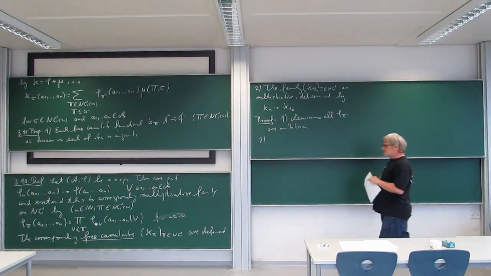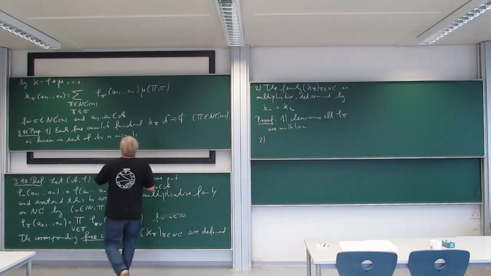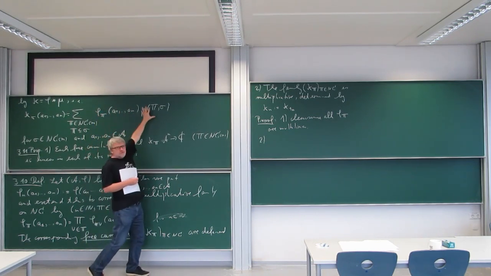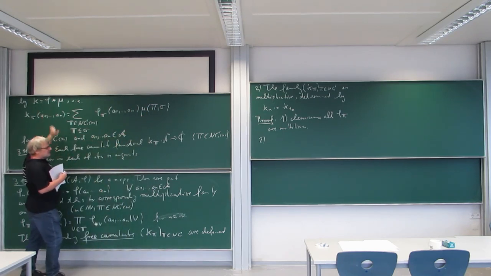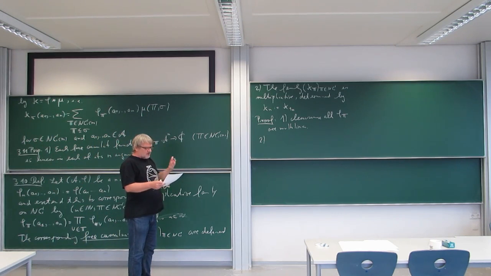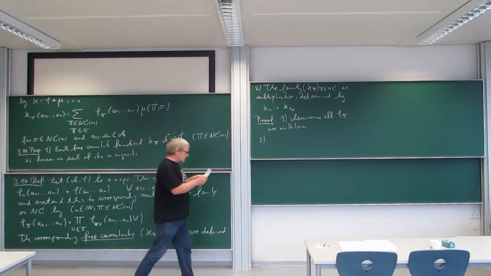So for 2, we have to see essentially that the multiplicativity of those guys, and you should think about multiplicativity of this, goes over to multiplicativity of this. So what we have to prove is we have to look at a kappa sigma for sigma an arbitrary non-crossing partition, and then see that this decomposes into the product of the corresponding kappas for each of the blocks.